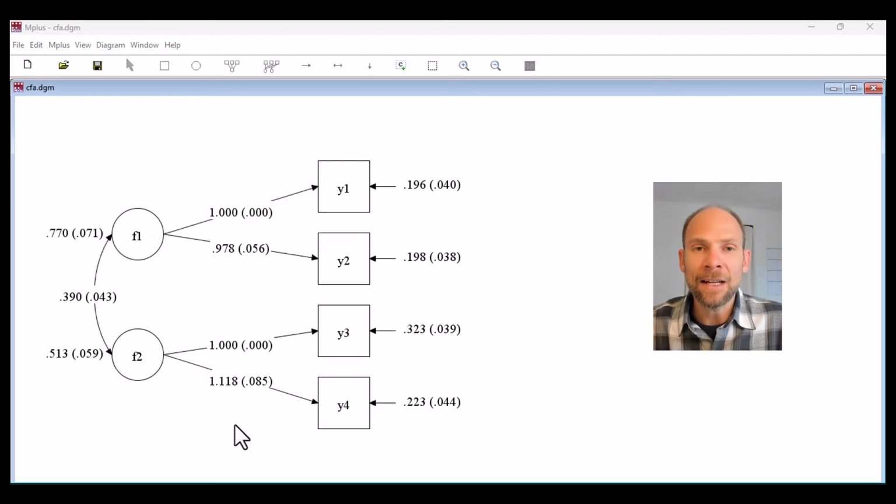Other than that, those loadings really express differences in the scaling of the indicator. So they help us to express when we have scales that are measured in different units. For example, if you measured a latent factor temperature and one scale was in Fahrenheit units and the other scale was in Celsius units, then the factor loadings would be estimated such that you have exactly the conversion between Fahrenheit and Celsius.